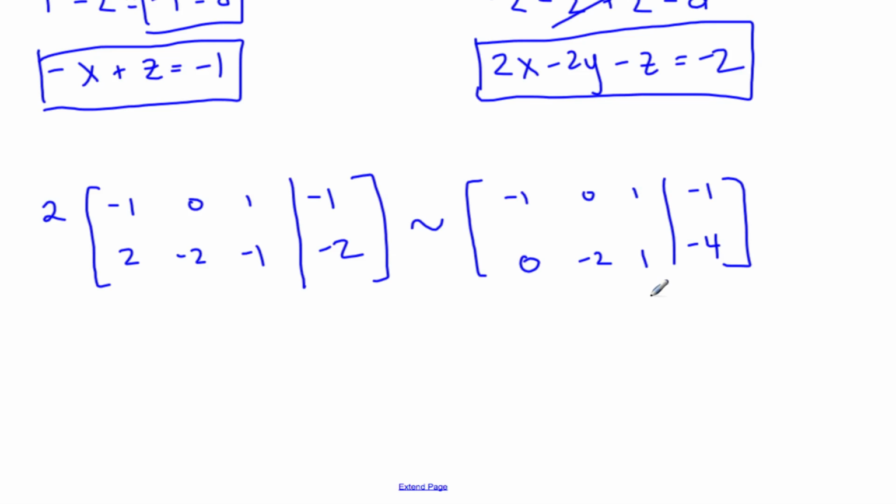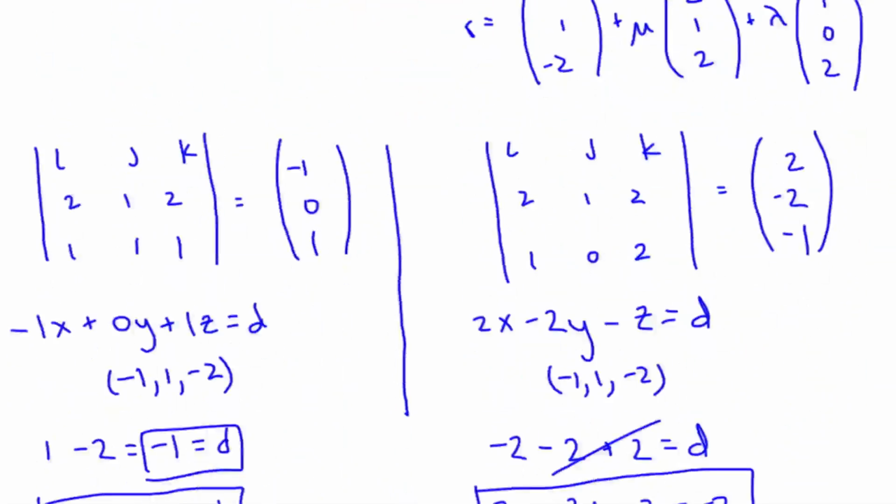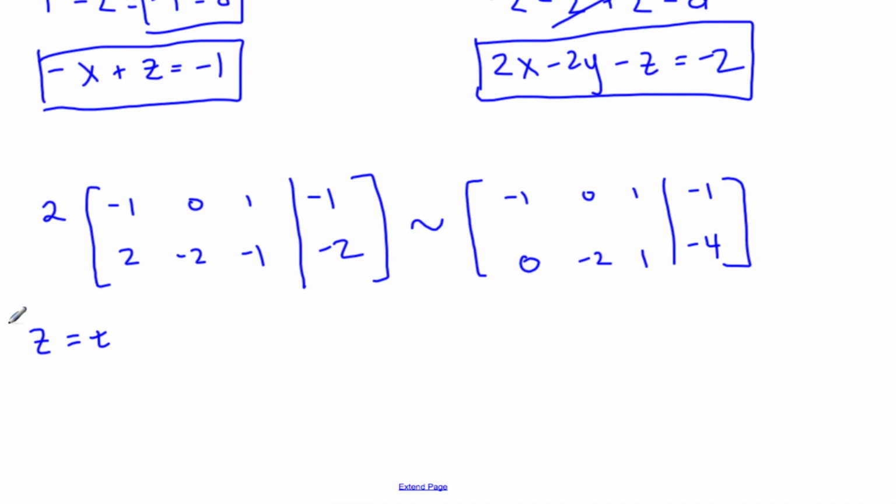Alright, so now here's that step that students take in good faith. Z is equal to t. And we already showed that that is possible. Given this line that we made up, if we rearranged it, there is a case in which z is paired with t, and it will be the same line. It will look exactly the same. So we're going to use z is equal to t. So now it's negative 2y plus z, but z is t, is equal to minus 4.